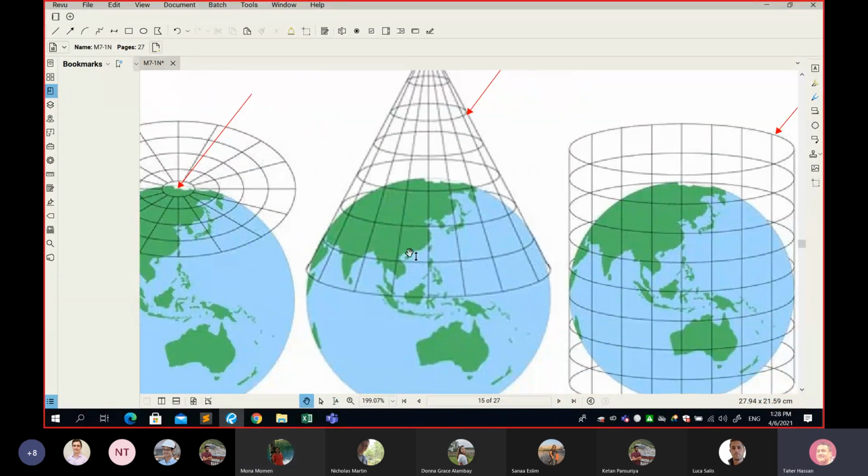In the conical, we can make our cone touch along this circle here. This circle is called the parallel of latitude, where the sphere or ellipsoid touches the cone. I'm asking you, at any point along this parallel of latitude, is there any distortion?